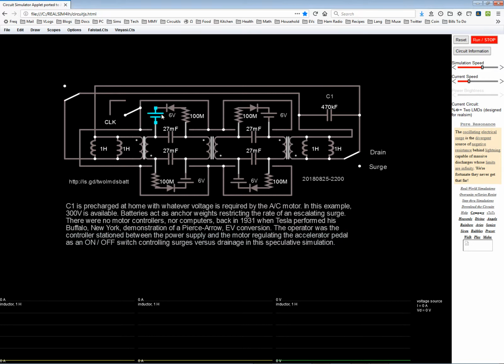That means the battery is used 85% of the time to inhibit the escalation of a surge occurring due to these capacitors. And I also had to get the clock timer up to 100 kilohertz to do an adequate regulation. And I had to reduce the time step to 1 microsecond.